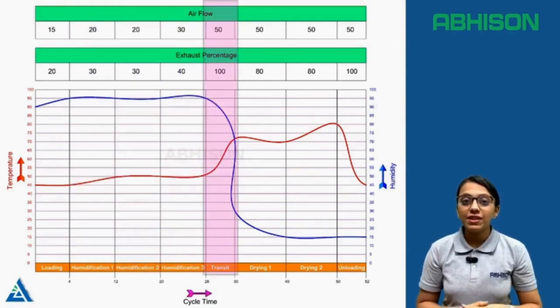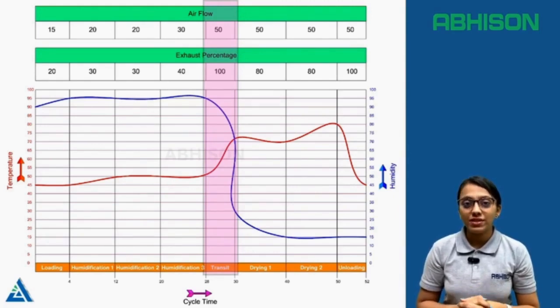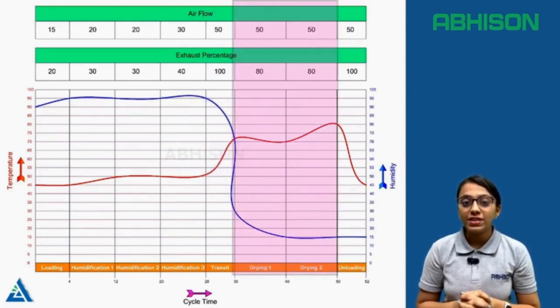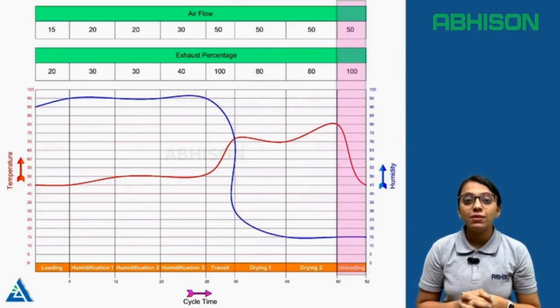In the transit phase, the parameters stabilize briefly before preparing for the drying process. In the drying phase, the humidity drops significantly while the temperature remains relatively higher. A higher airflow is maintained to effectively remove moisture from the active material. In the unloading cycle, the temperature and moisture return to the baseline level as the curing process completes.